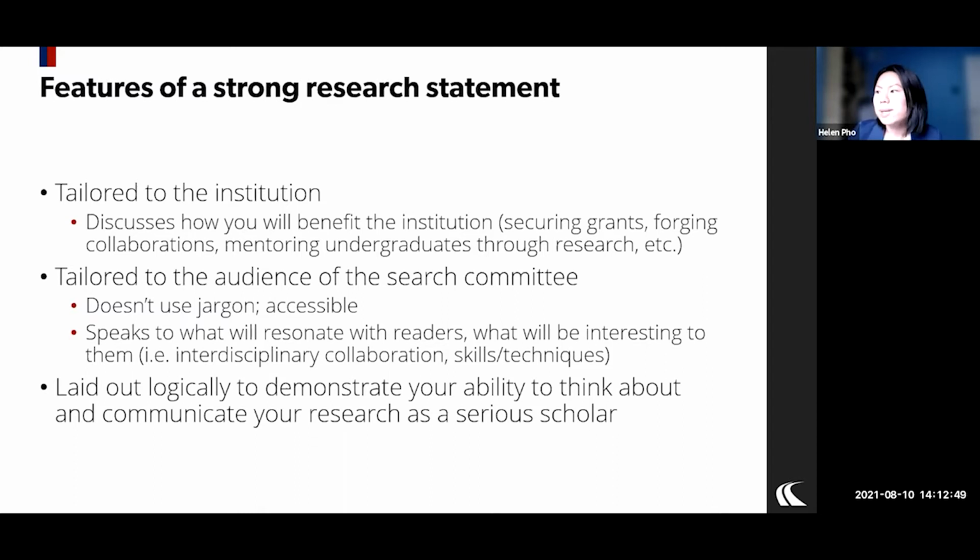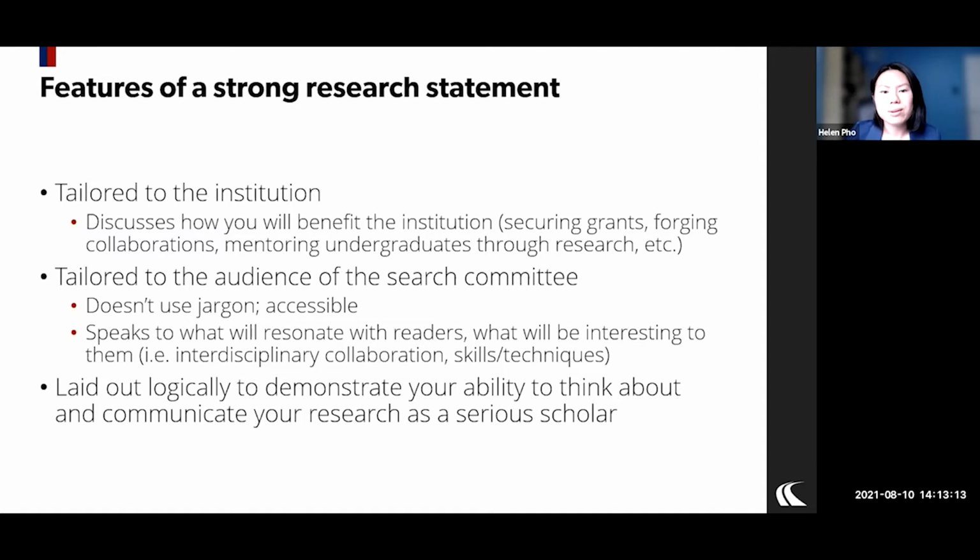It could be talking about securing grants that you intend to apply for. It could be talking about new collaborations that you'll forge. It could be talking about mentoring undergrads through this part of your research that you're proposing, if it's a school that cares a lot about mentoring undergrads through research.